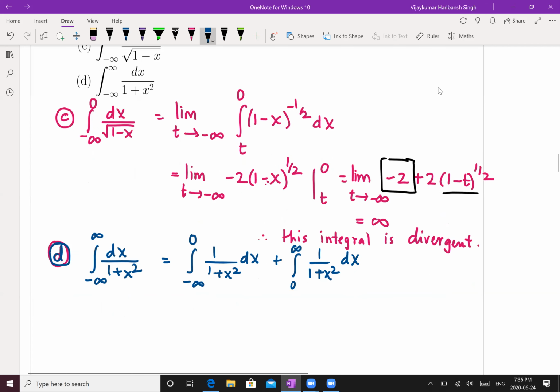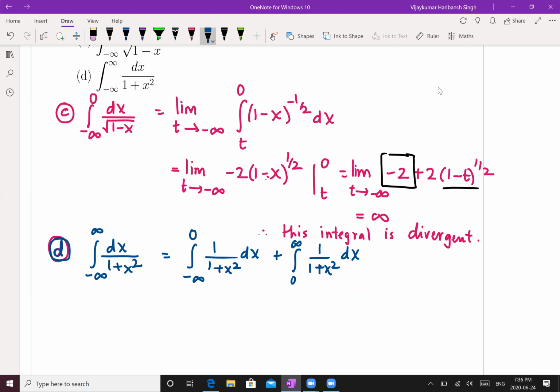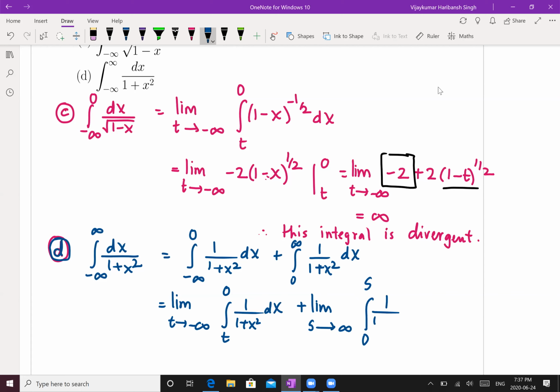Now this again I need to write in the limit form, the definition form. So the first part is the limit as t goes to negative infinity of the integral from t to 0 of 1 upon 1 plus x squared dx, plus the limit as, now you can't use the same variable, so s goes to infinity of the integral from 0 to s of 1 upon 1 plus x squared dx.